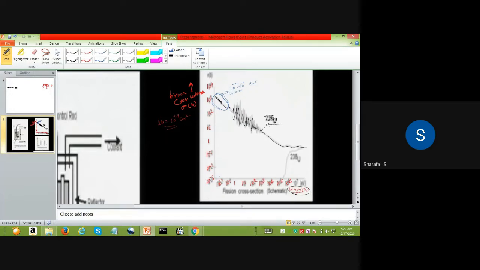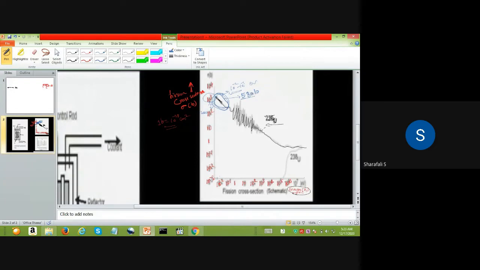Here the cross section you can see is around 10 raised to 3, and if you take the average value, it is around 600 or so. Let's say this is around 580 barns. Taking the range between these two, on average we can say the midpoint will be around 580 barns.